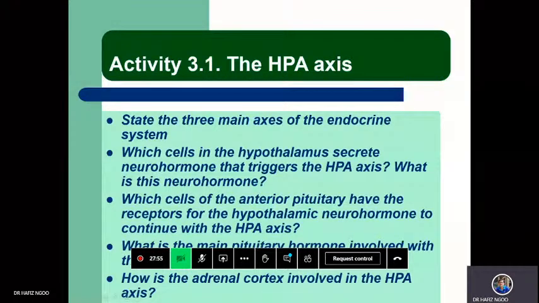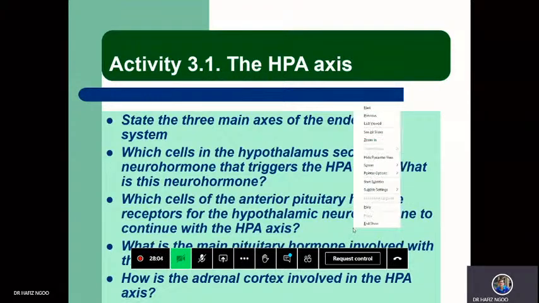And then the adrenal cortex is actually divided into different zones, three zones basically. There is glomerulosa, fasciculata, and reticularis, right? Okay, done.